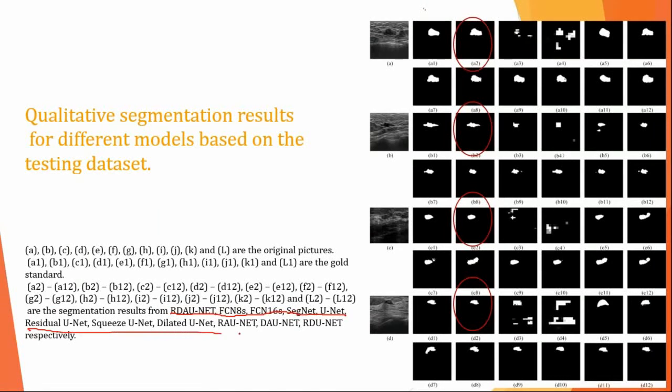Segnet, Unet. So we compared about 12 or 13 different architectures here. I think this is 1, 2. This 1, 2 matrix is our result here. This is our result, this is our result. And you can see the results of other segmentation algorithms as well.